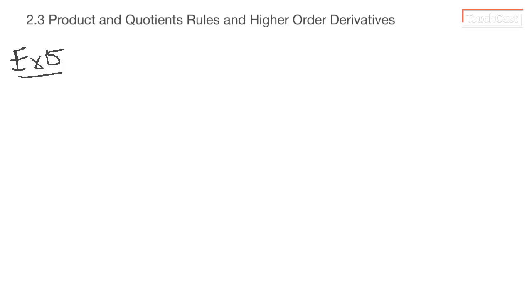Number 5 in your notebook, we're going to have f of x equal to 3 minus 1 over x, all over x plus 5.